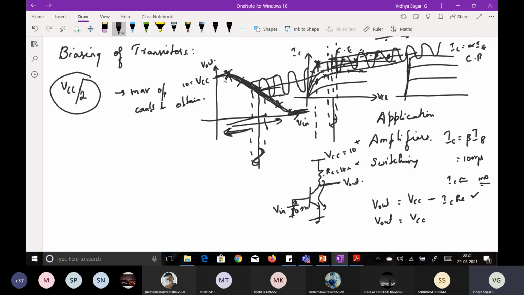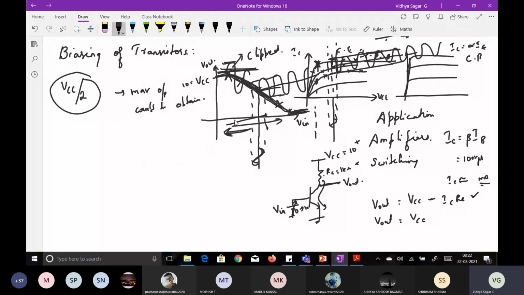Here there is no more voltage. If I'm applying it here, my waveform will go in this fashion, where there are no characteristics. So up to this peak only your characteristics will be there, and this will be clipped. Similarly, if I'm applying at the bottom, the negative half will be clipped.